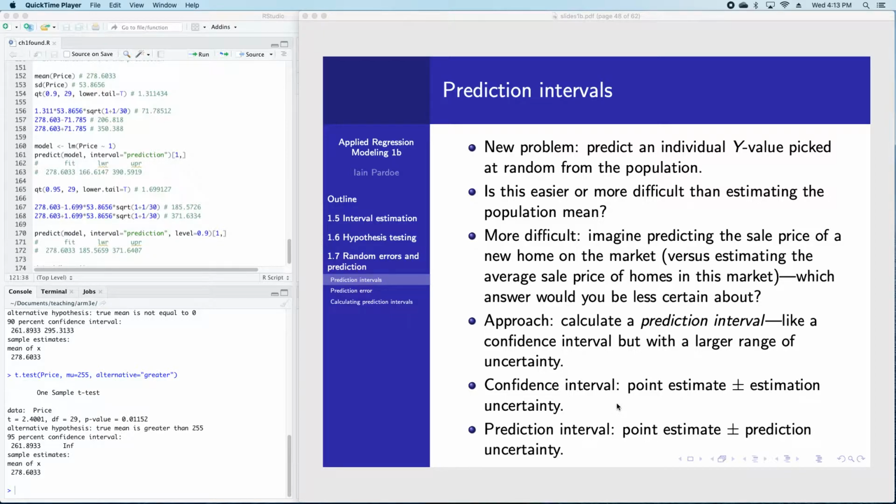Remember, the form for a confidence interval was a point estimate, which is just a single number in the middle of our interval, and then we plus minus some estimation uncertainty to get an interval. A prediction interval looks very similar, has the same point estimate in the middle, and then we plus minus prediction uncertainty, which is going to be larger than estimation uncertainty and give rise to a wider interval.